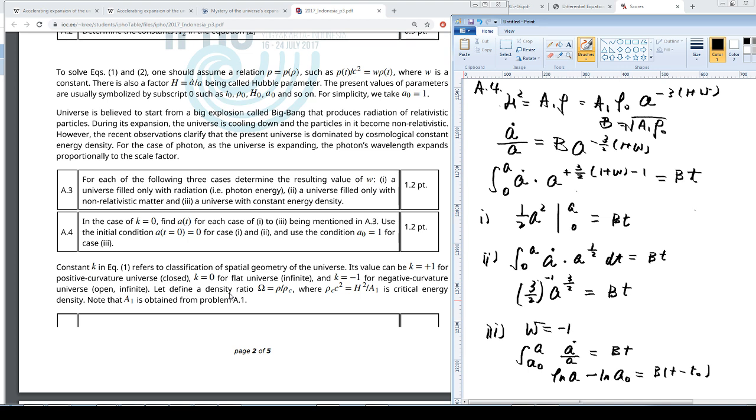So how would you get a big crunch? A big crunch would mean a negative acceleration. That's when, I would imagine, there is enough gravitational acceleration to pull it back.